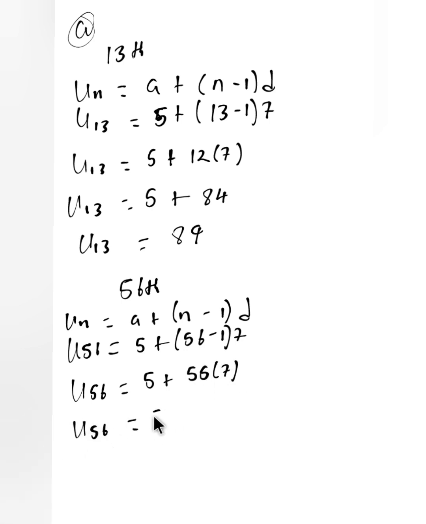U56 is equal to 5 plus 55 times 7, which is 385. So U56 is equal to 390.